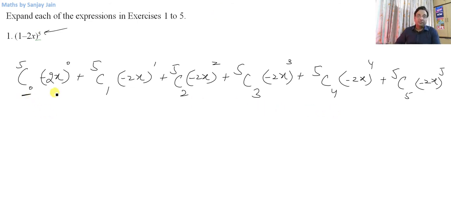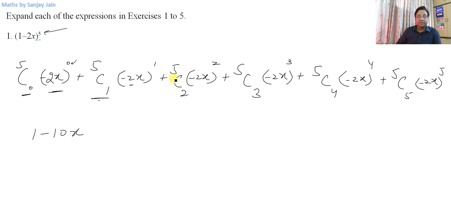Okay, 5c0 is 1, something raised to 0 is 1, so this term is 1, plus 5c1 is 5, so I'll write 5, and let me do the calculation part also. This will be 5, this is minus 2, so minus 10x.